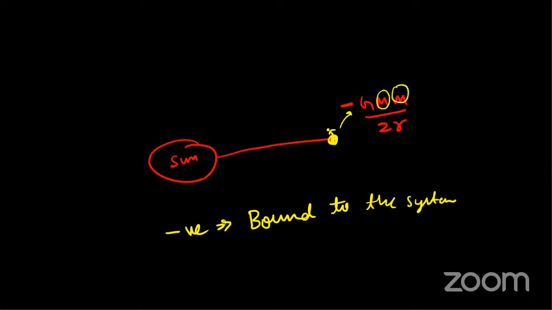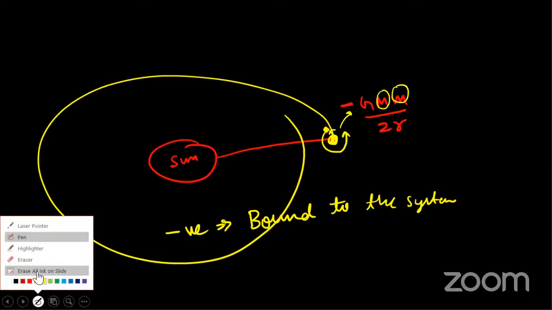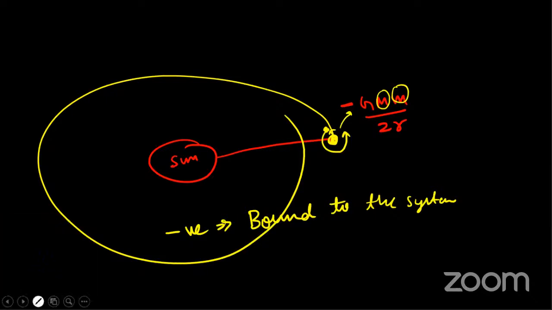Similarly, the satellite which is revolving around the Earth is also kept in orbit. It cannot go away because its total energy is negative. So what I was trying to say is, imagine I am on the Earth, which has some mass M, and my mass is small m. I cannot leave the earth unless I do some work.